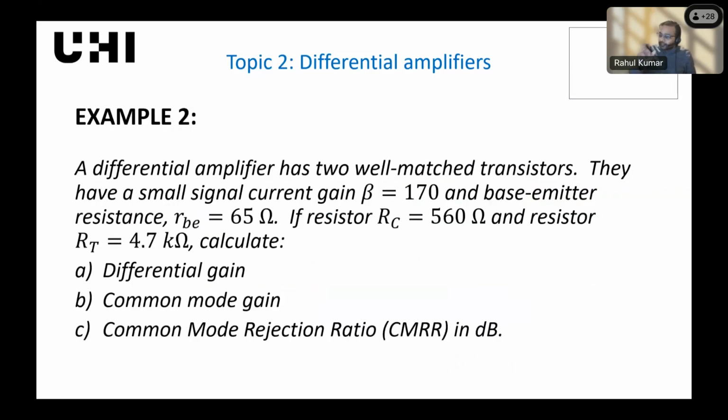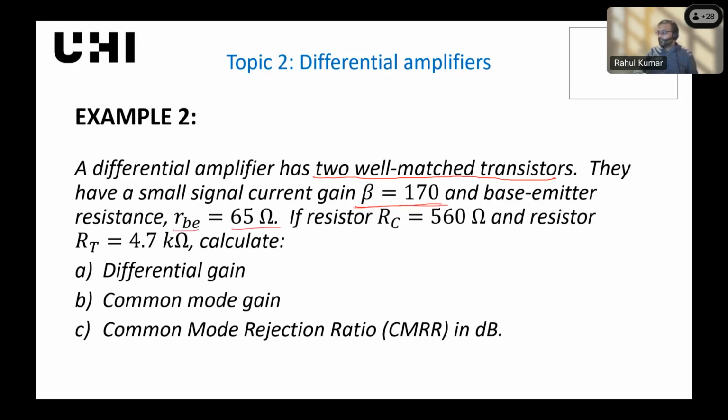Okay. Now let's take an example. So in this example, based on differential amplifier, we have two well-matched transistors. So they would have the same current gain, right? So they have a small signal current gain beta. So beta for both the transistors in your differential amplifier is 170. And the base emitter resistance is RBE.